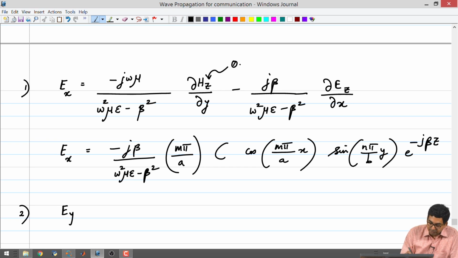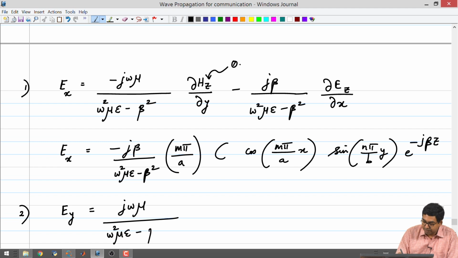Just for the sake of completeness, I will write it for Ey also. So, I have j omega mu divided by omega square mu epsilon minus beta square.